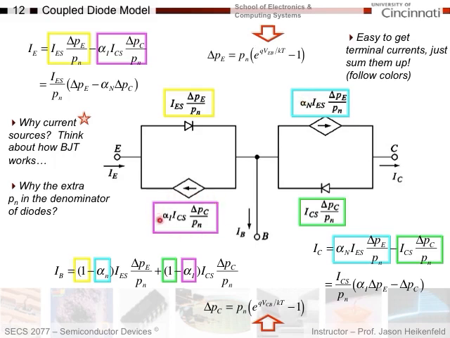Here's a collector here when the emitter acts like a collector. Here's a collector here for normal mode when the collector acts like a collector. And here is a diode here when the collector is injecting current into the base in inverted mode, where it's acting like an emitter essentially. Whoop, there's an emitter there too. So you can see both the collector and the emitter can have both emitting and collecting type behaviors, depending on which way the current's going.